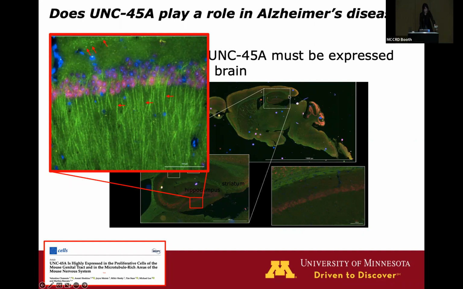The area we are focusing on is the hippocampus because it has beautiful dendrites. The hippocampus has pyramidal neurons. NeuN is this purple staining that stains for neurons, because the brain has other cells other than neurons, right? So we want to make sure that we are focusing on neurons.